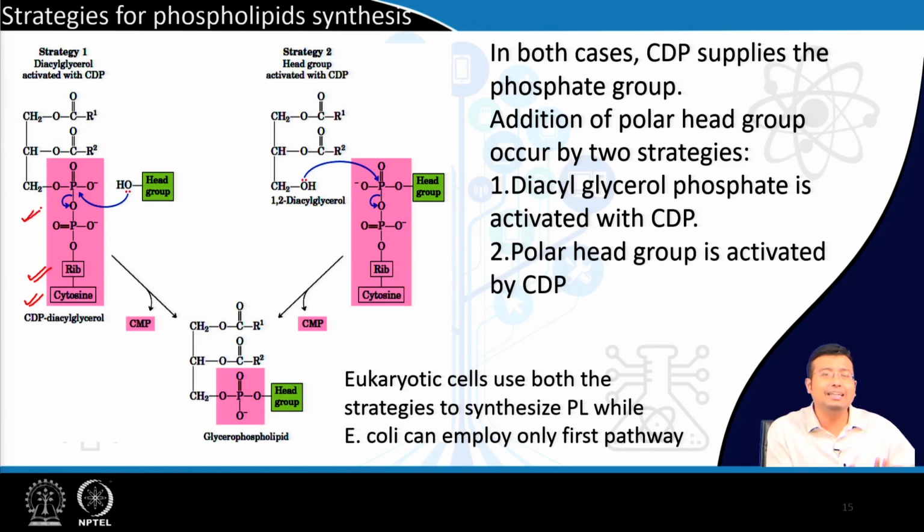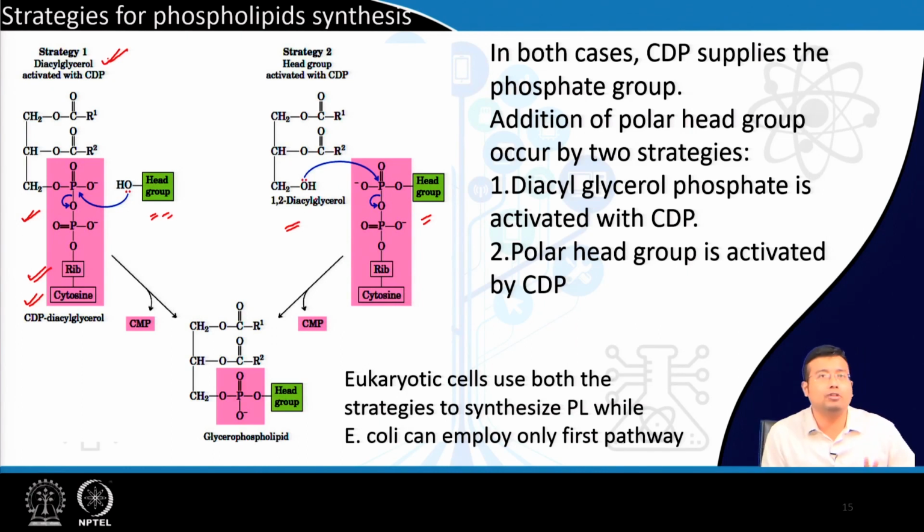So, CDP can be in the form of diacylglycerol. So, the phosphate group can come from the glycerol side, or it can be in the form of a CDP alcohol. Over here, the CDP diacylglycerol is getting attached to another alcohol, and over here a CDP alcohol is getting attached to 1,2-diacylglycerol.